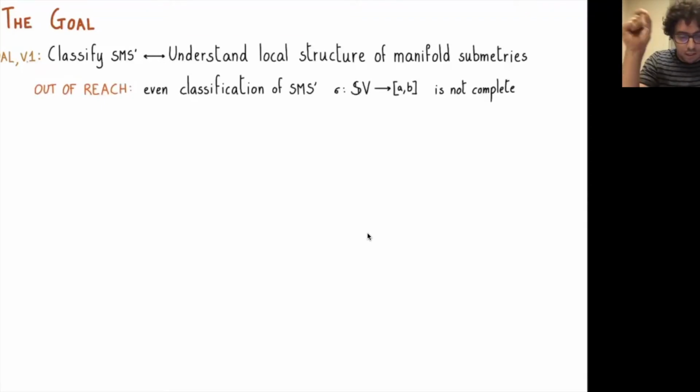Even the classification of spherical manifold submetries of codimension 1, so spherical manifold submetries projecting down onto the simplest possible metric space that is not a point, an interval, turns out to be equivalent to classifying what are called isoparametric hypersurfaces.